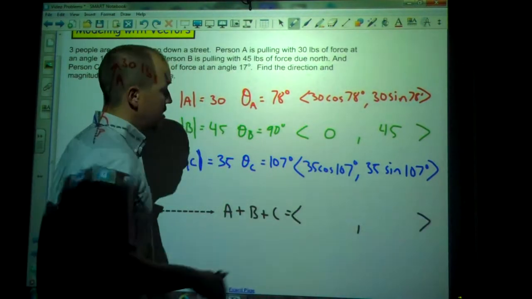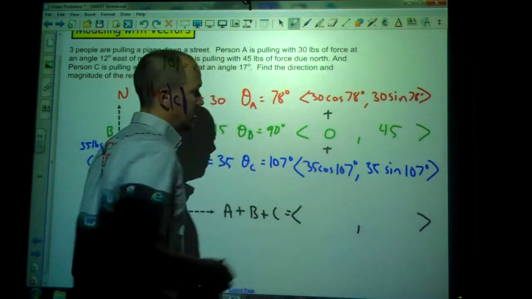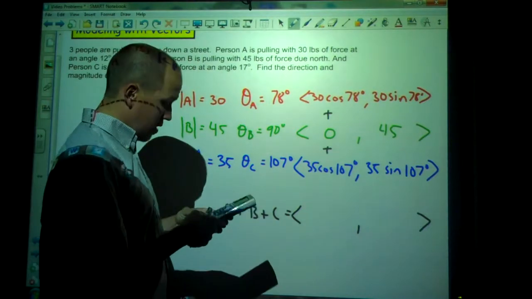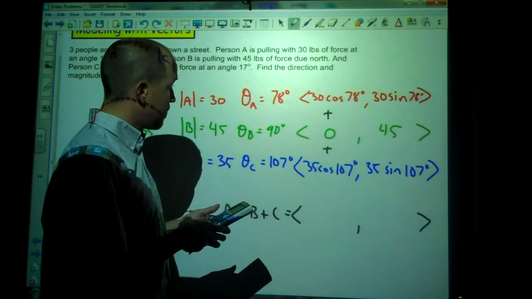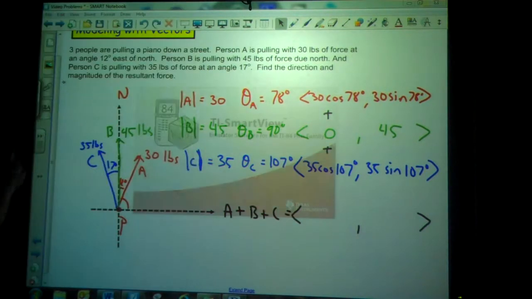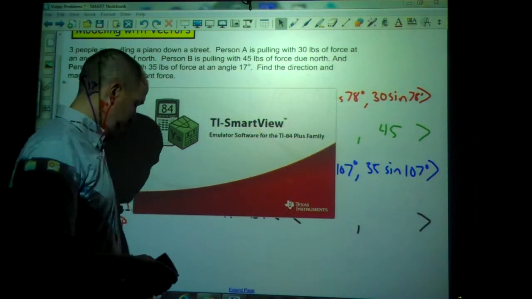I'm going to use my calculator and just add straight down. Okay? I'm in degree mode. 30 cosine of 78. I'll take my time here.